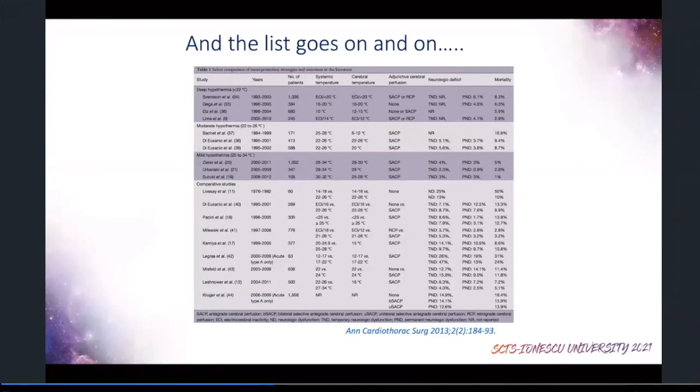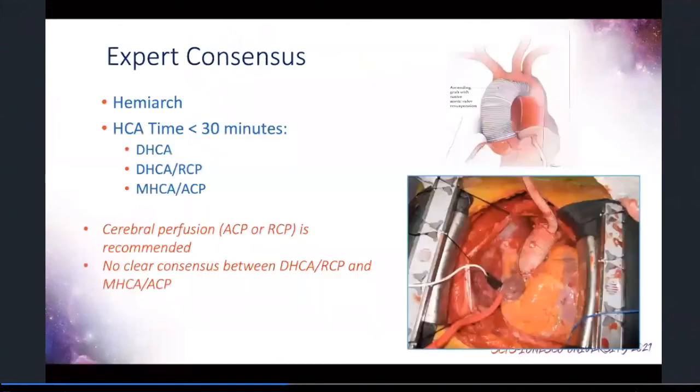And as you can see, whether there was ACP, RCP, moderate hypothermia, deep hypothermia, there were very similar rates of operative mortality and similar rates of permanent stroke in the 0.9 to up to 12% range, but really in the single digit, more in the 4 to 8% range. TND also had a variety, but essentially equivalent studies overall.